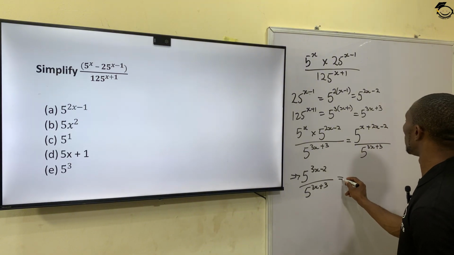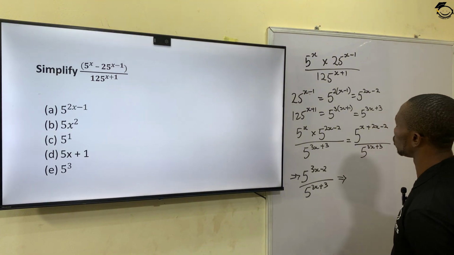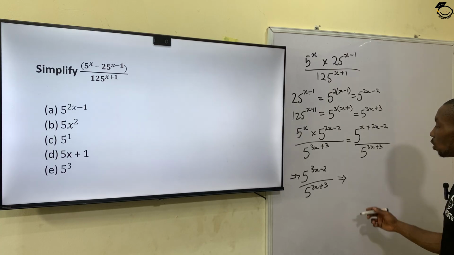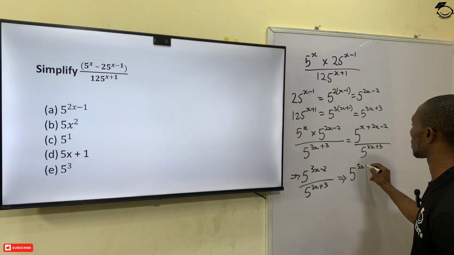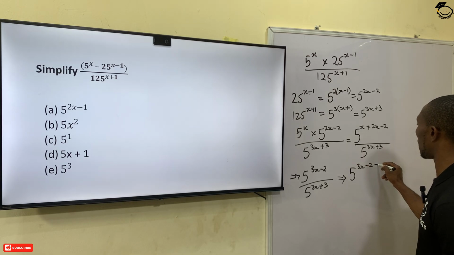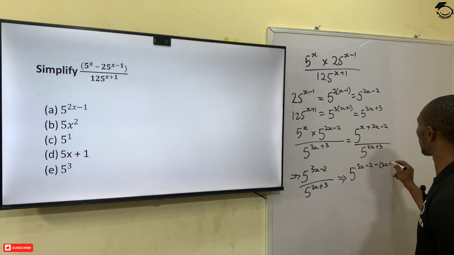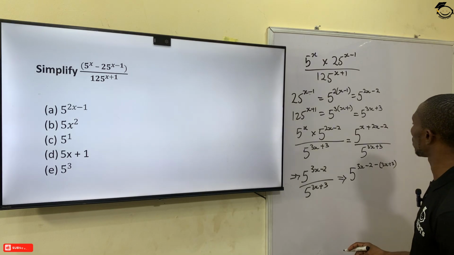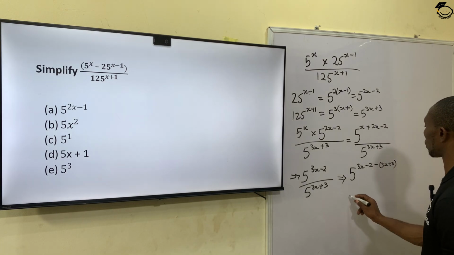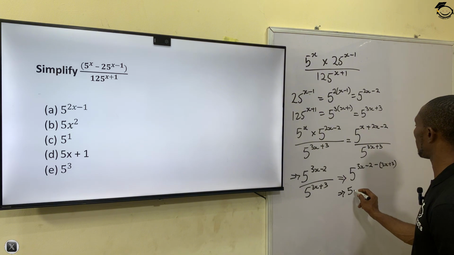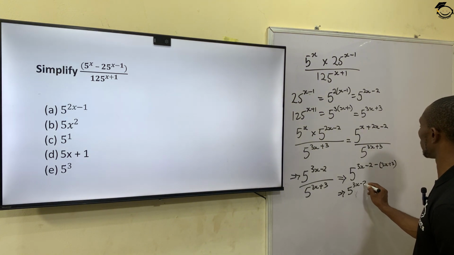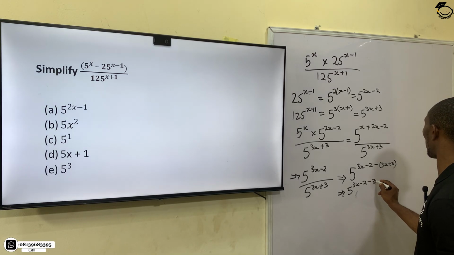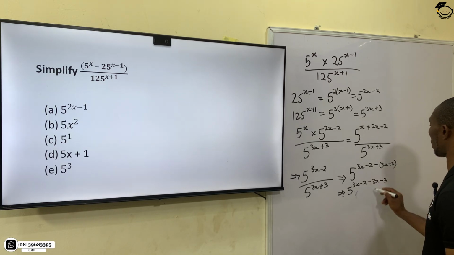So now turning our division to subtraction, still on the law of indices, we have 5 raised to the power 3x minus 2 minus 3x plus 3. Expanding this, we have 5 raised to the power 3x minus 2 minus 3x minus 3.